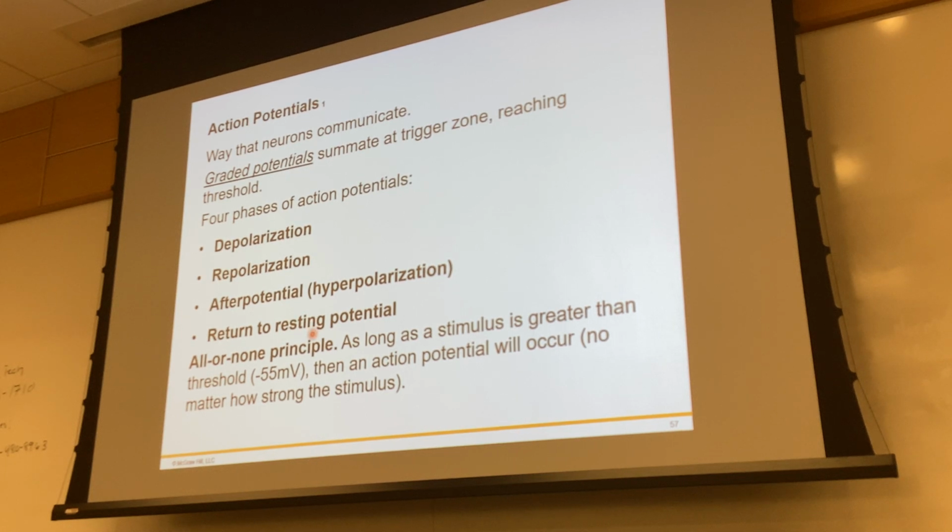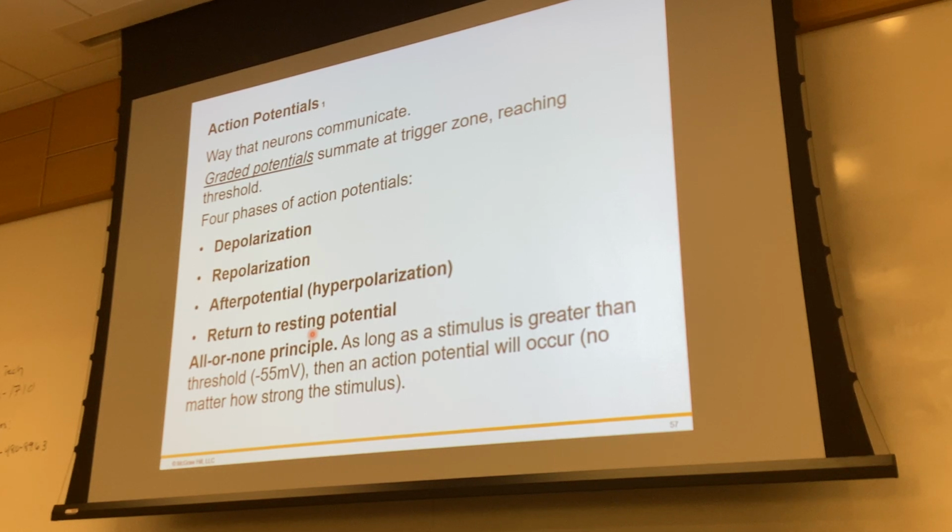Now, the trick here is that regardless of whether it's a very strong signal or a series of very, very small signals that are summed and exceed the threshold, regardless of how you reach that threshold, the neuron will send that signal in an all or none principle, just like the sarcomere will contract in all or none.